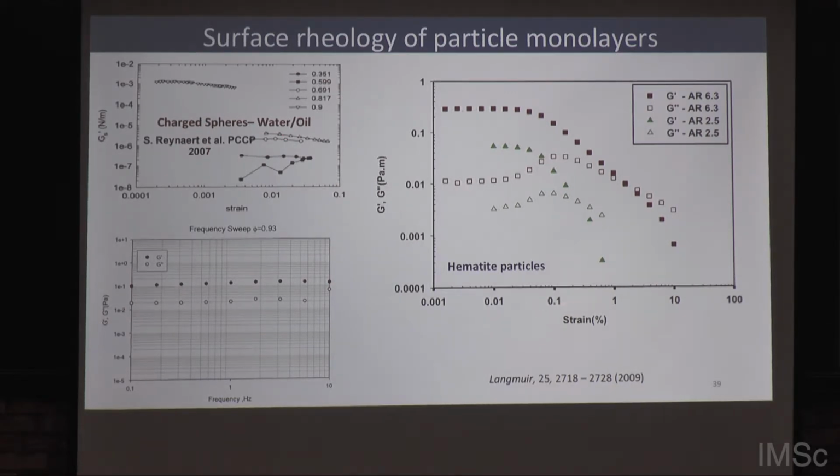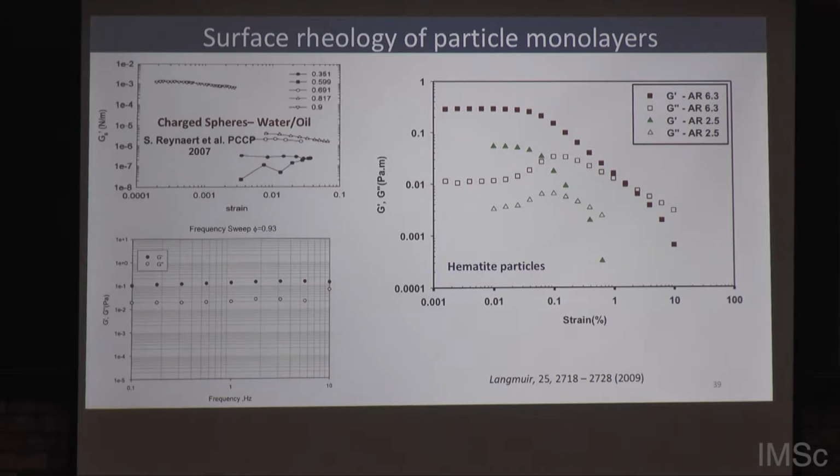And these are some strain sweep data where again you see a classic yielding behavior: strain-independent behavior of G prime and G double prime at lower strains, and then at some point when you deform these interfaces large enough, you see some kind of yielding.